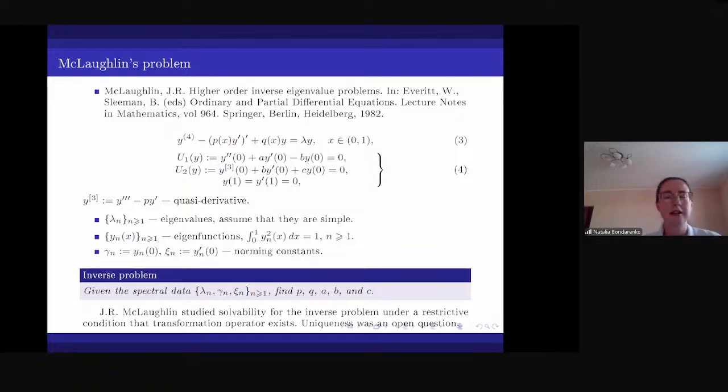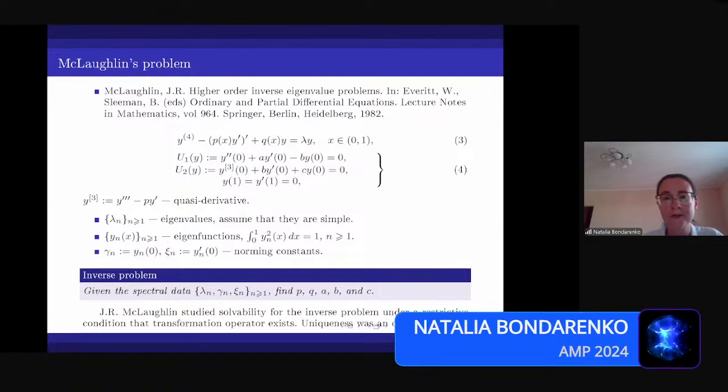And how I came to this problem: in recent years, of course, the majority of studies in inverse problem theory are concerned with the second order, with the Sturm-Liouville equation. But the Sturm-Liouville equation is already well studied, and that's why many researchers have turned to higher orders, in particular to the order 4. And I read a paper by Chinese mathematicians. I'll not provide a reference to this paper because its results are wrong.